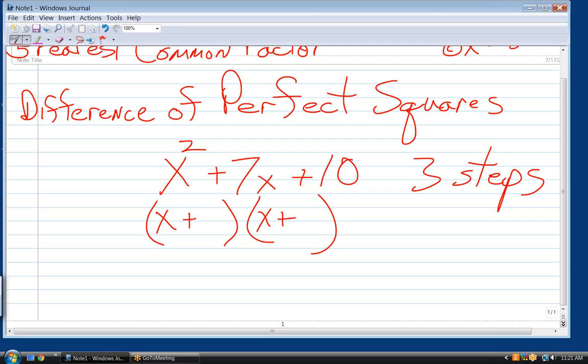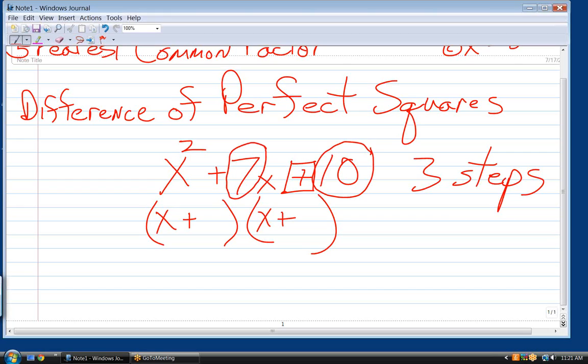Step 3. And this is the one I want you to learn and learn how to verbalize it. And step 3 is factors of 10, meaning two numbers that multiply together to 10, that add, because of that plus sign, to the number 7, the coefficient of the middle term. Not the plus 7 necessarily, but the 7, just the number.